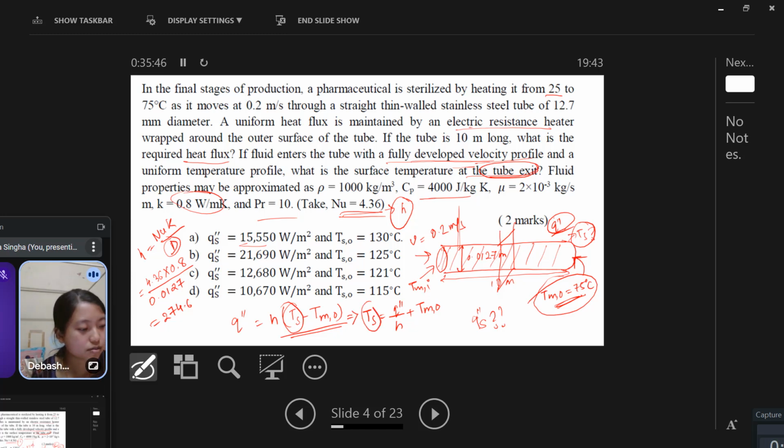How much is Ts? 120.65, it means 121. So C is the correct answer. It will come out to be around 121 degrees Celsius.